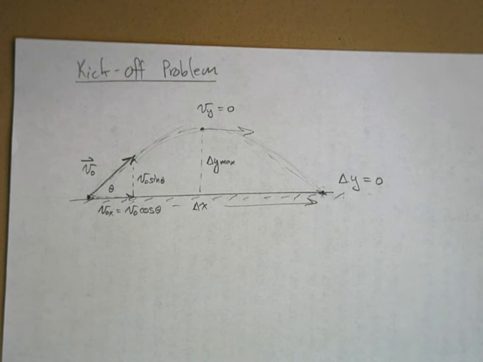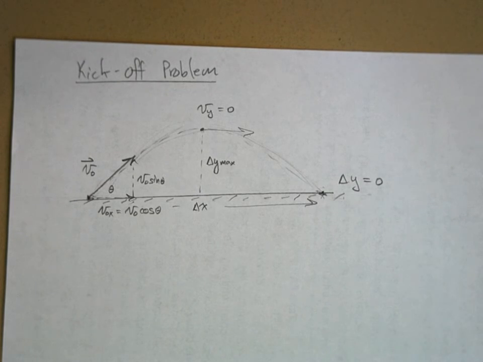Now we have to link those two together because they are happening at the same time for a moving projectile. And that's how we describe the motion of a projectile in two-dimensional space, in a plane. We're not going to deal with three-dimensional crazy motion in here. This is crazy enough.